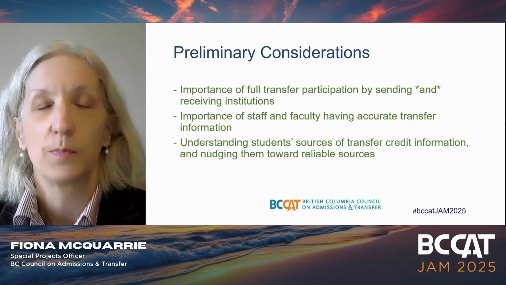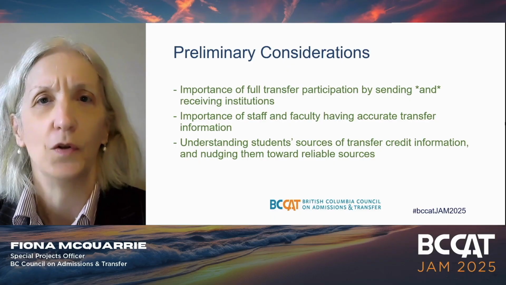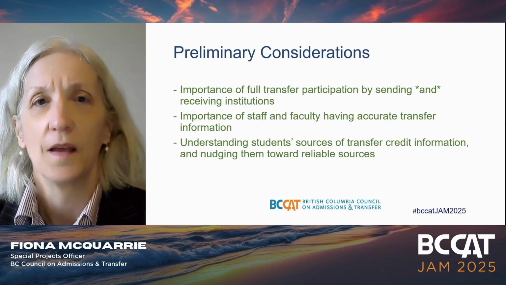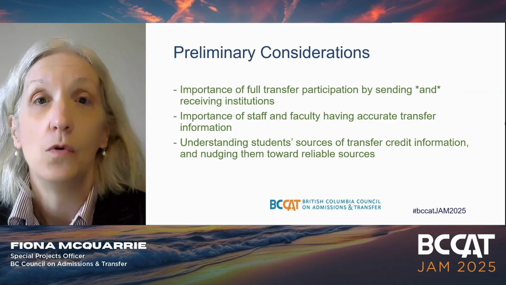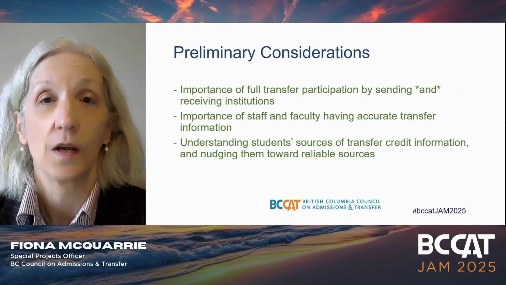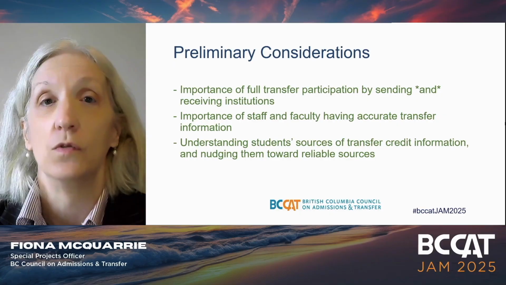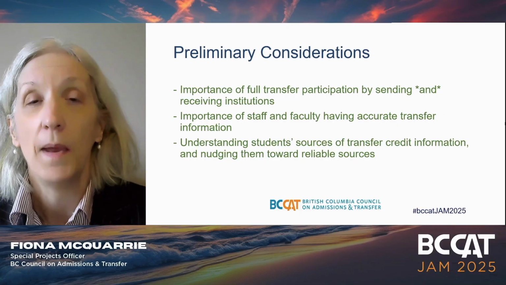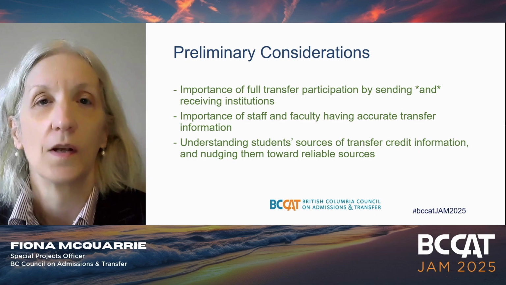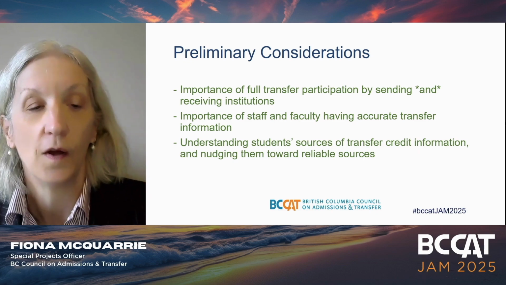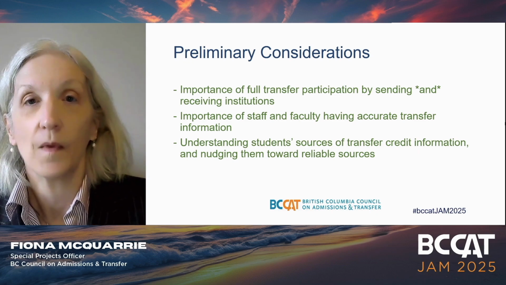So as much as possible, keeping in mind the difficulty of ensuring that everybody is fully informed about everything, institutions should think about who actually interacts with students around transfer credit, and make sure as much as possible that those individuals have accurate and up-to-date information to give to students.